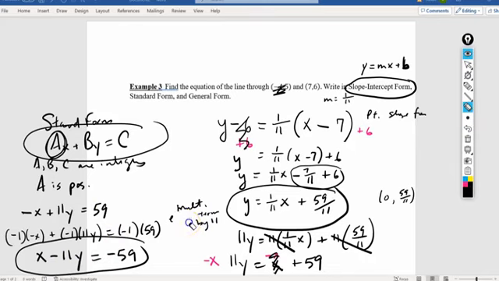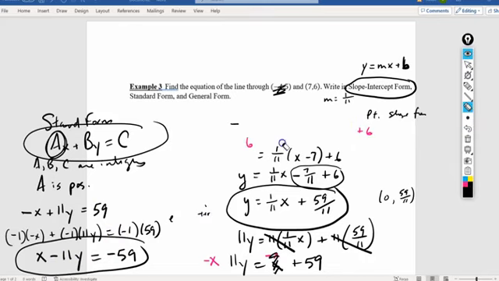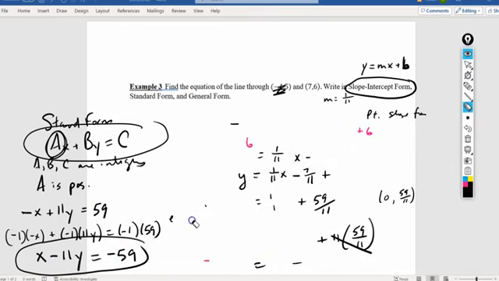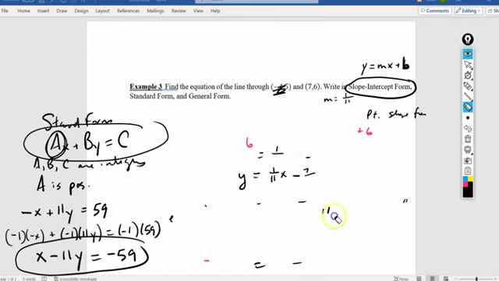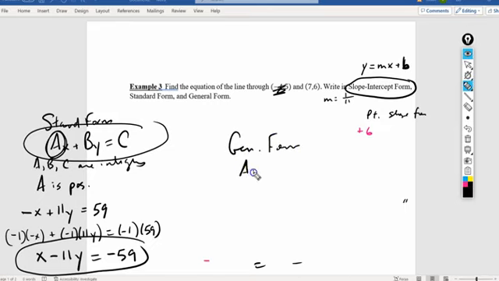Now let me make some room. Let's get it into general form, which is easy once we have the standard form. So the general form is ax plus by plus some number c equals 0.